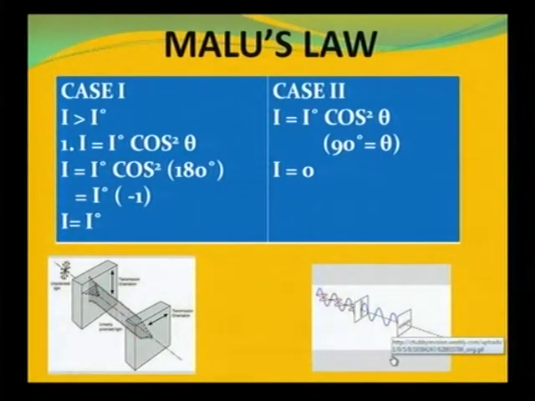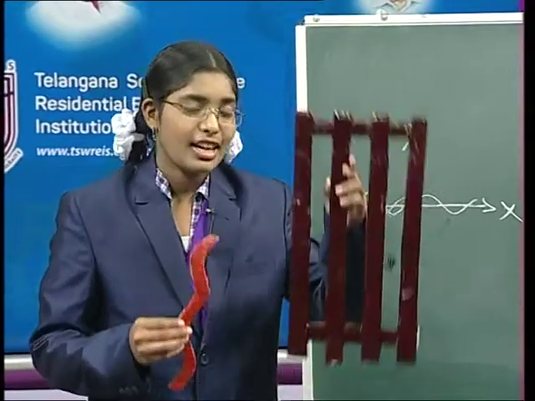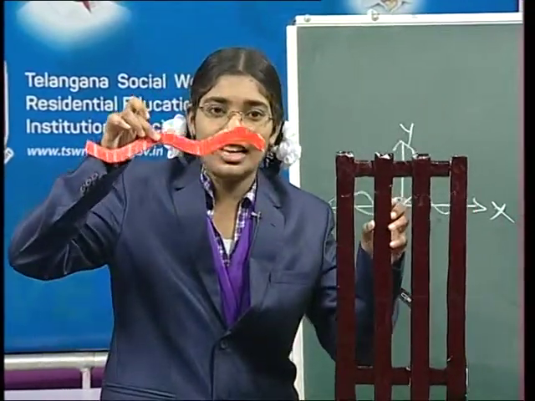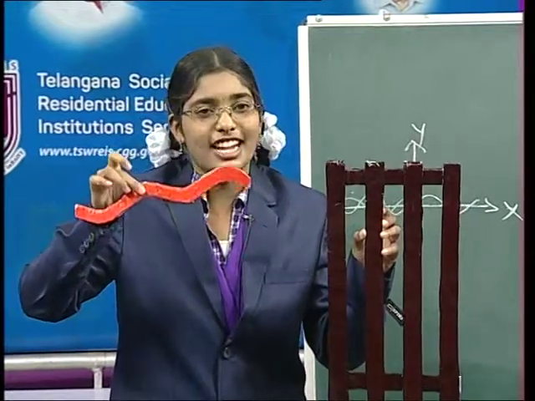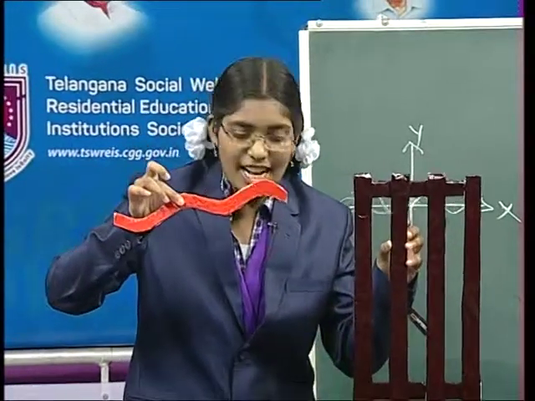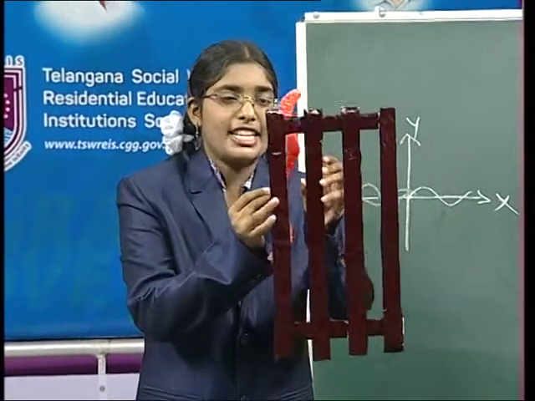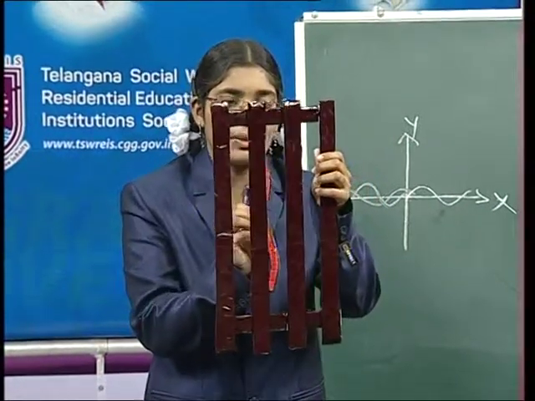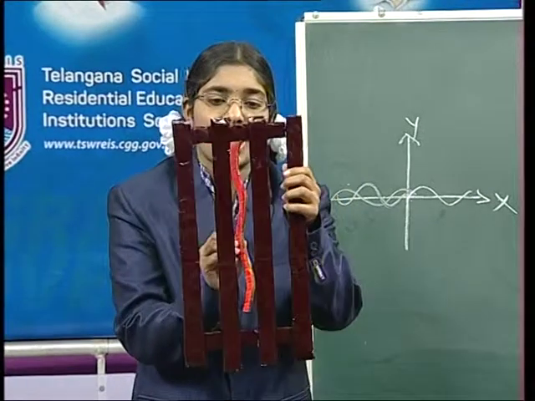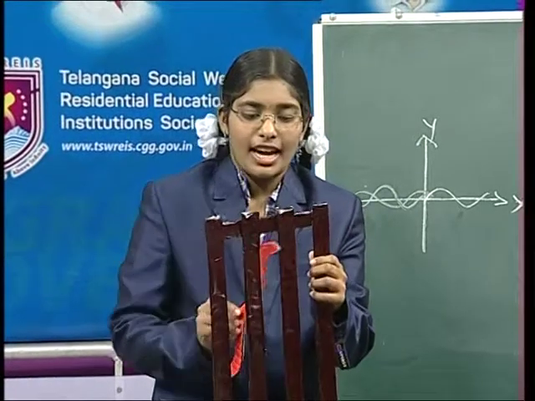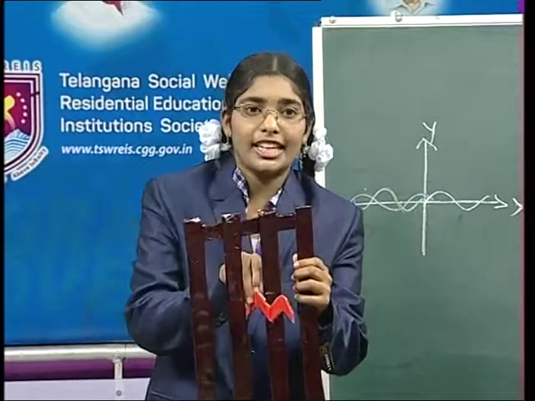See Sweros, consider this as the first Polaroid, and how does it look? It is just like a transverse wave. This is a transverse wave. If you take a single Polaroid, this Polaroid can pass these transverse waves horizontally, or it can pass vertically.